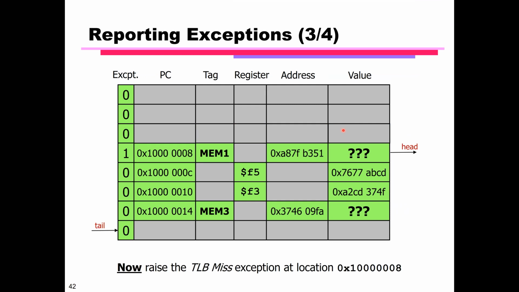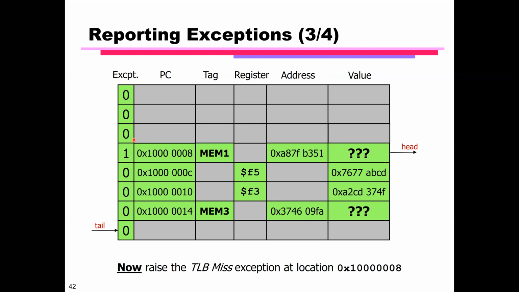And I repeat again, I cannot commit it because clearly something went wrong. I see it from the exception, but this is the time to report the exception, basically to load the program counter with the program counter of the exception handler.